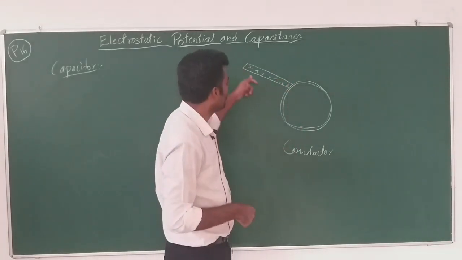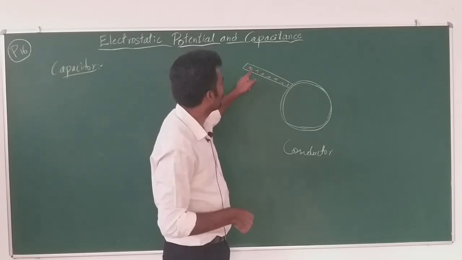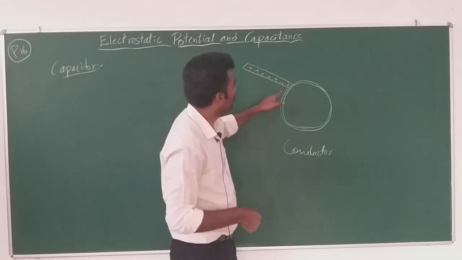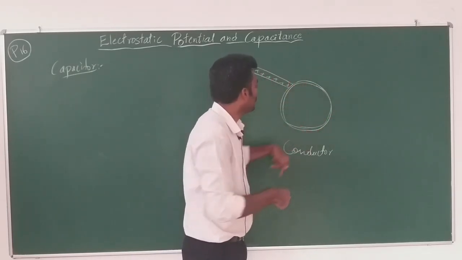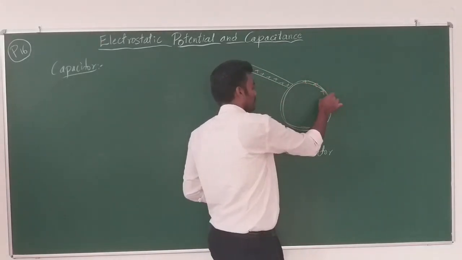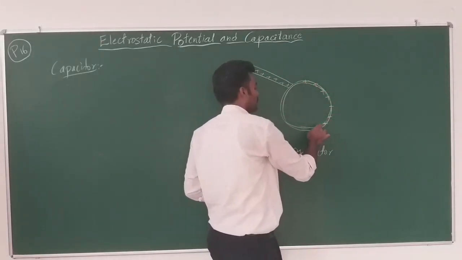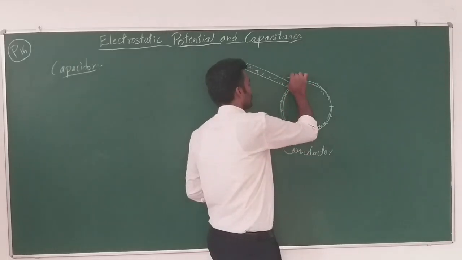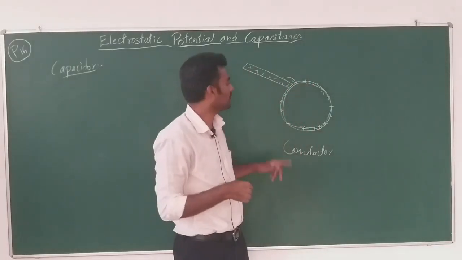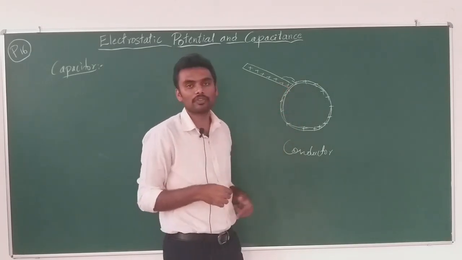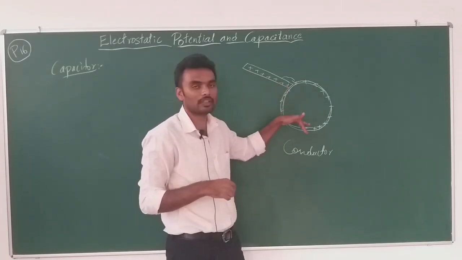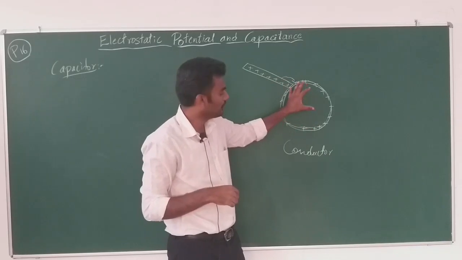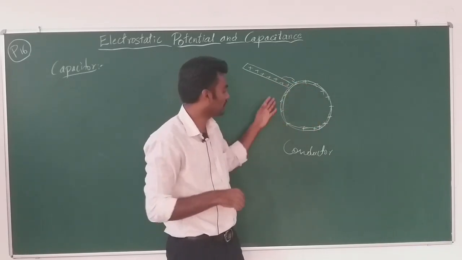Then what happens? A few charges from this charged body will flow into the body which has to be charged. Either touch them directly or connect them using a wire. Anyhow, charges are going to flow into it, and hence a few charges will be accumulated on the surface of the chosen conductor.